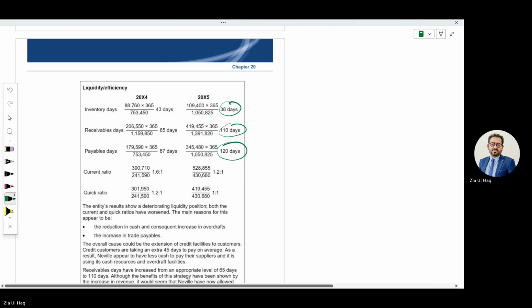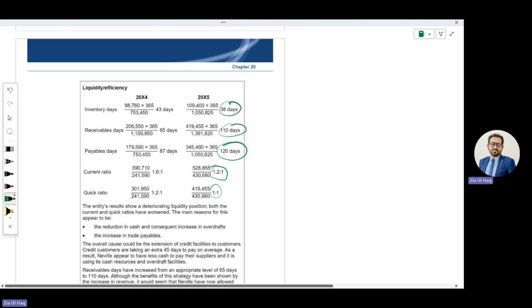Current ratio has reduced from 1.6 to 1.2. Why? Because current liabilities have increased, or else current assets have decreased. Quick ratio has gone from 1.2 to 1.